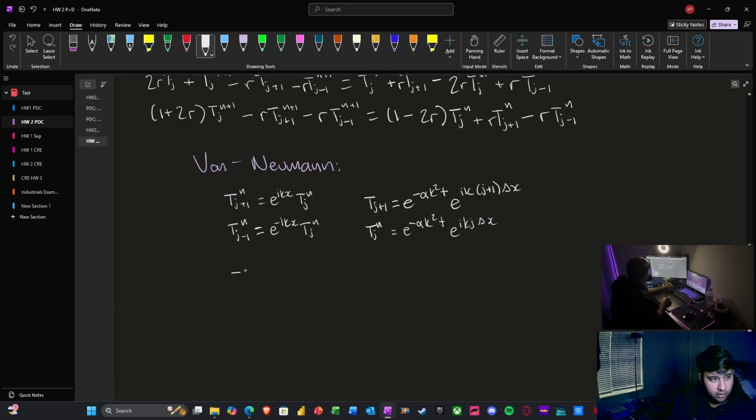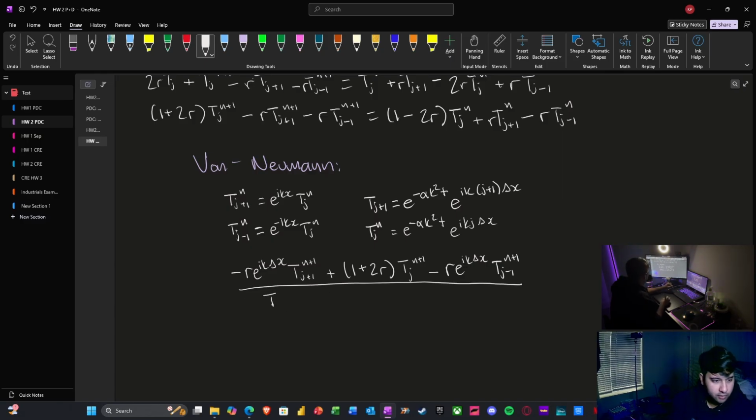So we're going to start with negative R e^(ik delta x) times T_(j+1)^(n+1), and then plus (1 plus 2R) T_j^(n+1) minus R e^(-ik delta x) times T_(j-1)^(n+1).